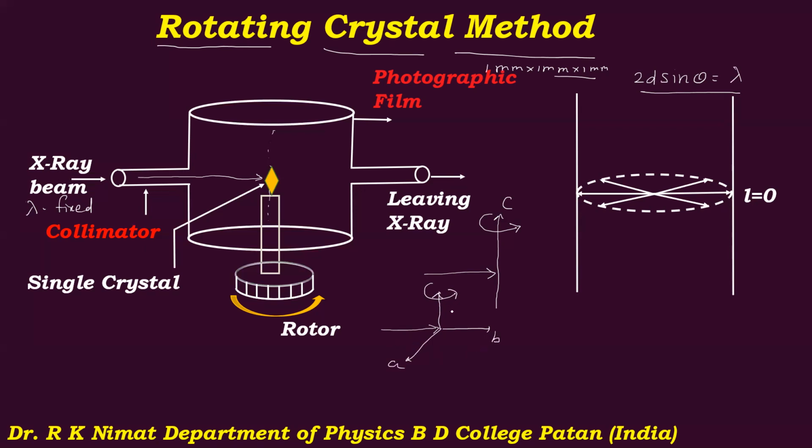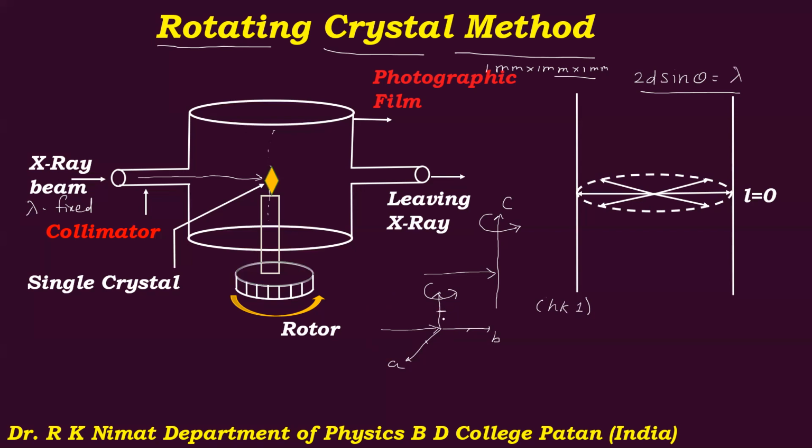So if you consider the plane having Miller indices h, k, and 1, it means the plane makes intercepts along the a axis and along the b axis, and intercepts one unit along this c axis.